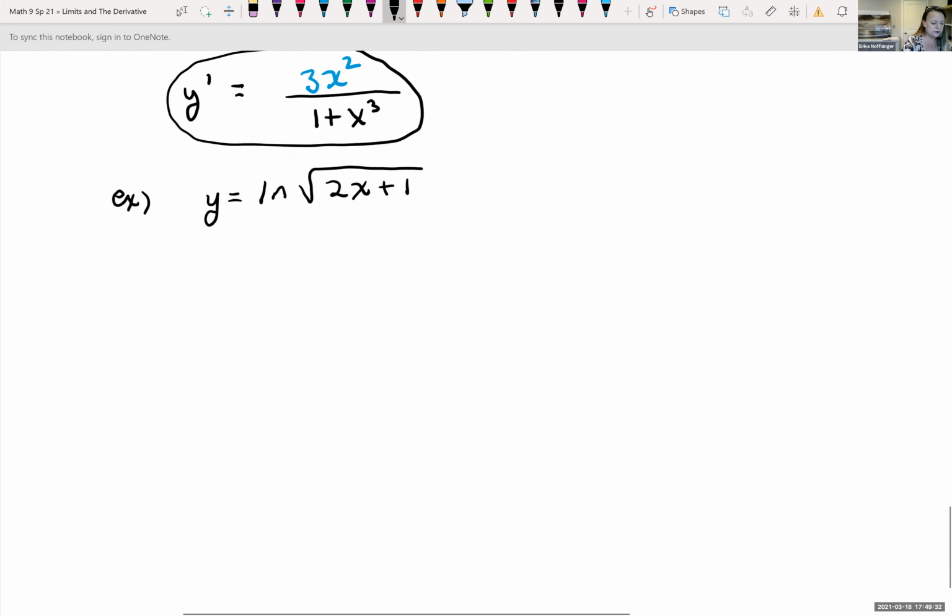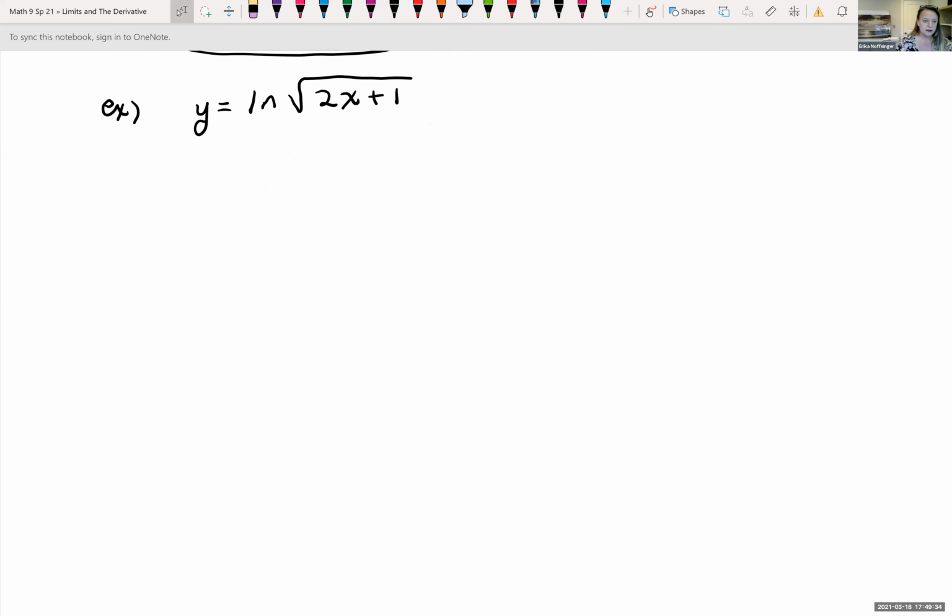Again, we want to take the derivative of that. Well, I know that when we take the derivative, we first need to rewrite that square root without the radical. So an equivalent form would be the natural log of 2x plus 1, and that whole thing is raised to the 1/2 power.